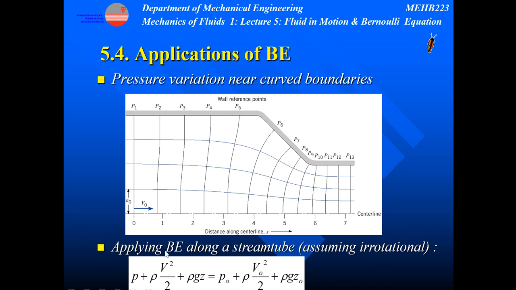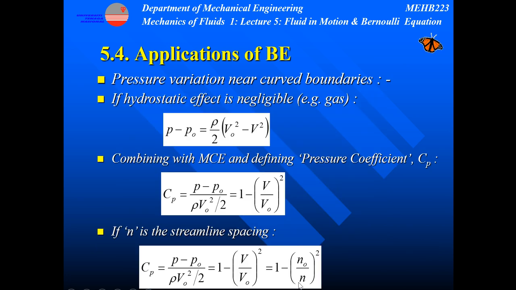So if you apply Bernoulli equation along a stream tube, for example, you have to assume that one point is on the tube and another one is before the tube. Okay. So normally we don't really calculate the pressure, but instead of using pressure, we use the pressure coefficient.